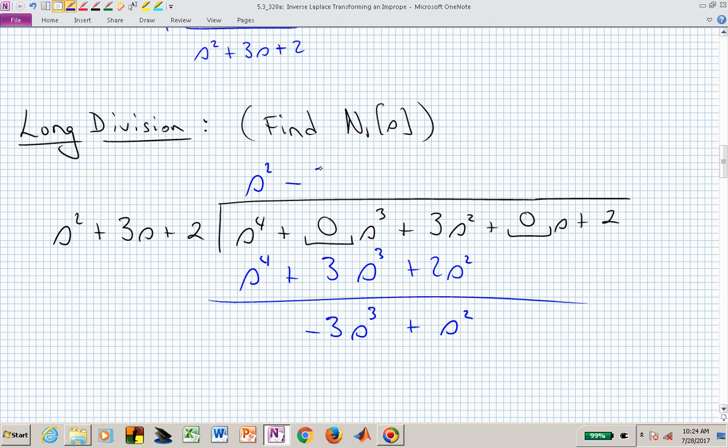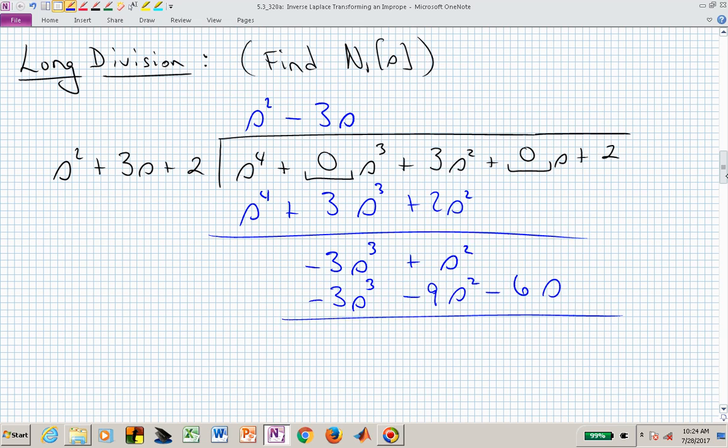That's now a minus 3s. We now scale the denominator by minus 3s. We have minus 3s cubed minus 9s squared minus 6s.